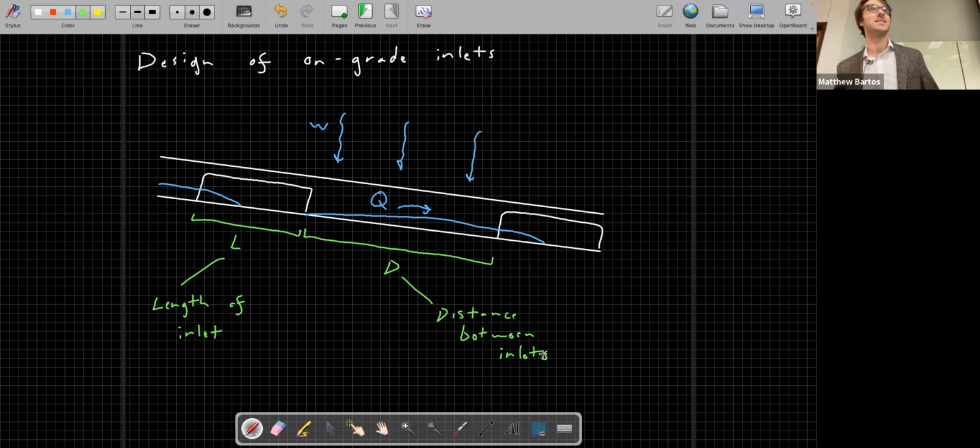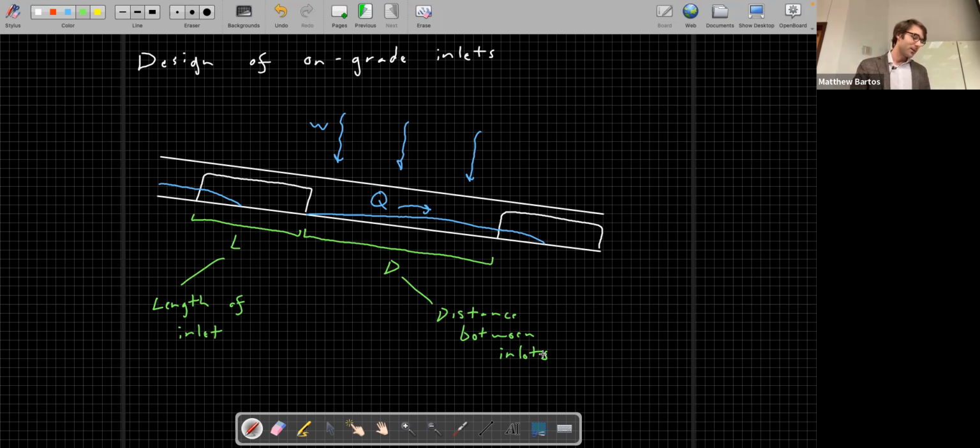Yes. Because it's not supposed to go over. Right. So it's supposed to operate as a weir and not as an orifice. So if the inlet is getting submerged, then you're already out of specification. So we want to design primarily just the length of the inlet and the distance between them to ensure that they're operating within specifications. Great, very good.